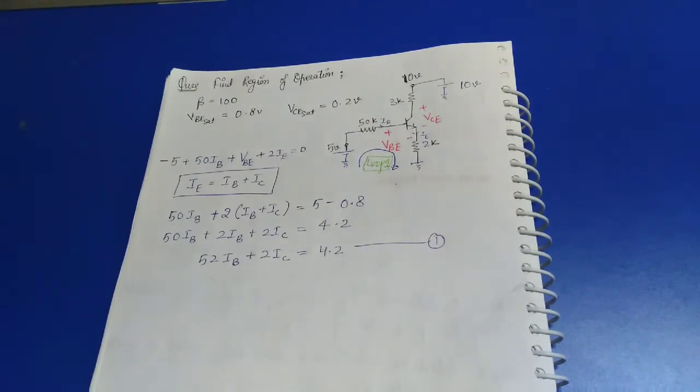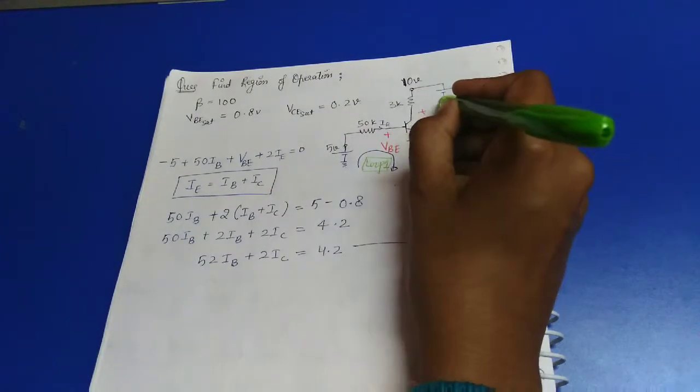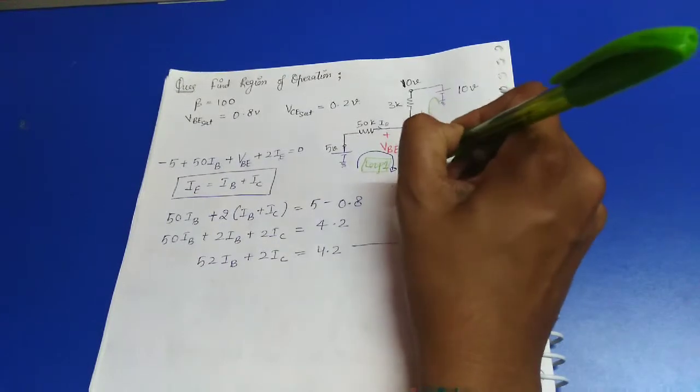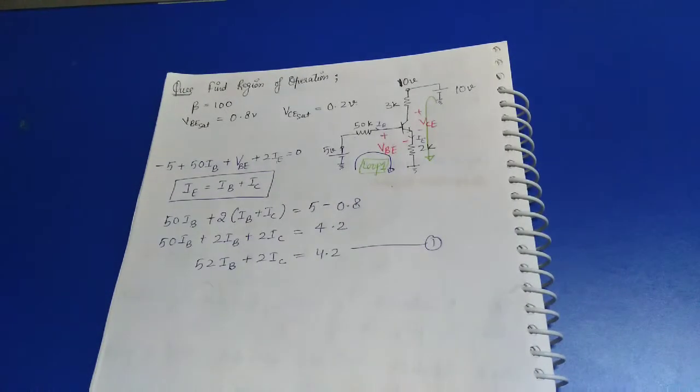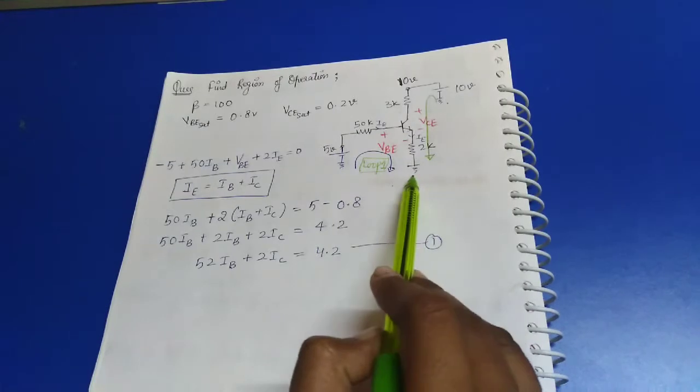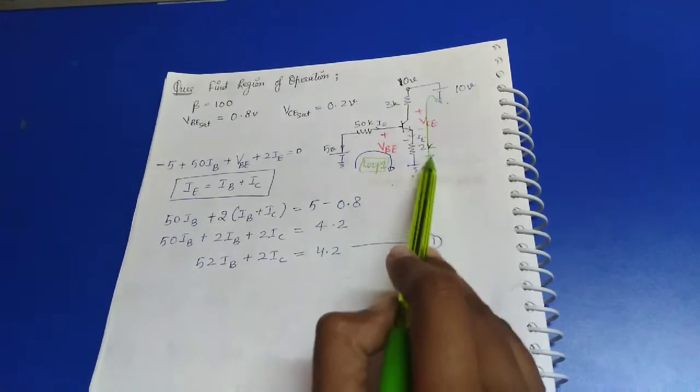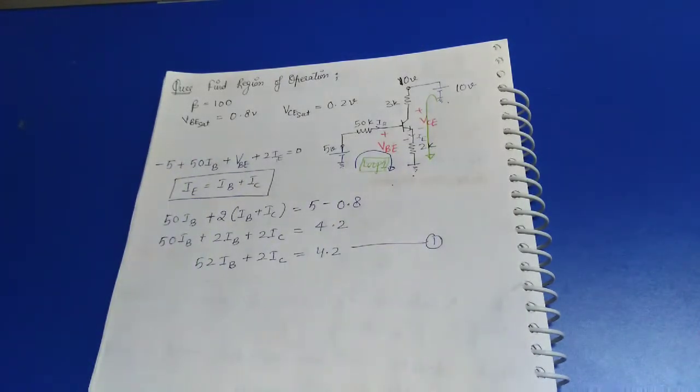Now loop 2. This is loop 2 guys, from ground to ground. The loop is formed from ground to ground. We have to apply KVL in loop 2.